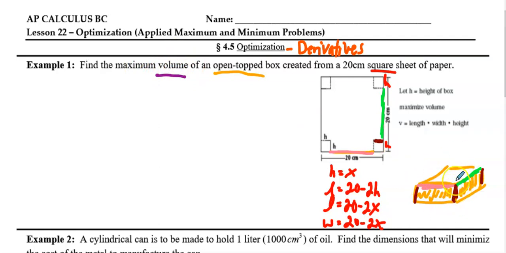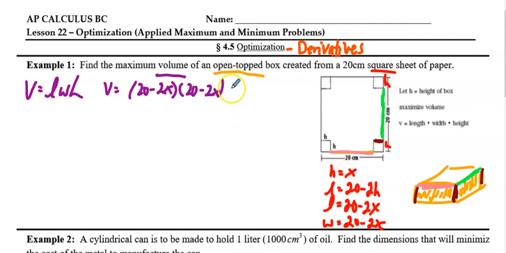Well, it's like a rectangular prism, right? Because the top's not there. So the volume is equal to the length times the width times the height. You guys all know that. And so let's go ahead and substitute in. The volume is going to be equal to the length, 20 minus 2x, the width, 20 minus 2x, and the height, x.